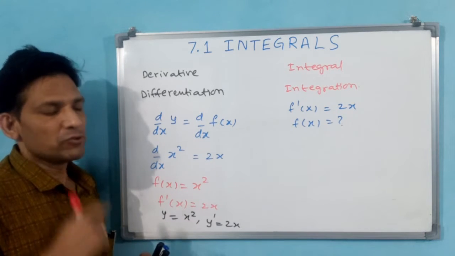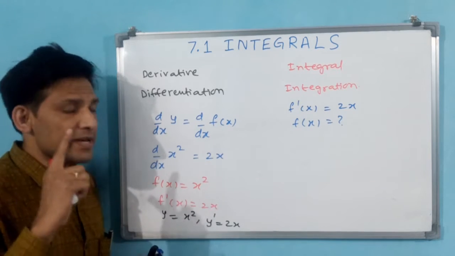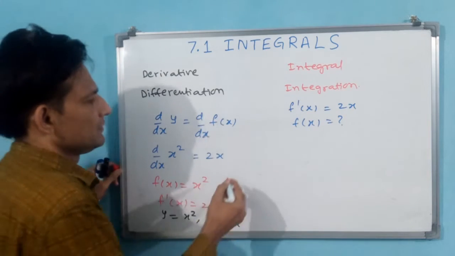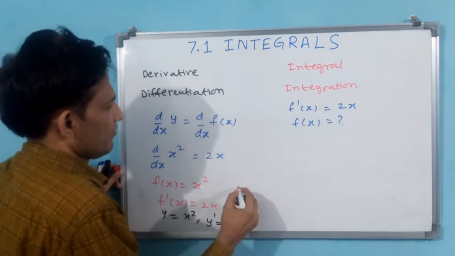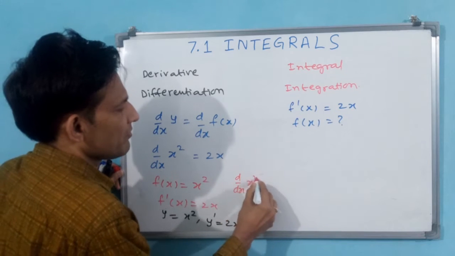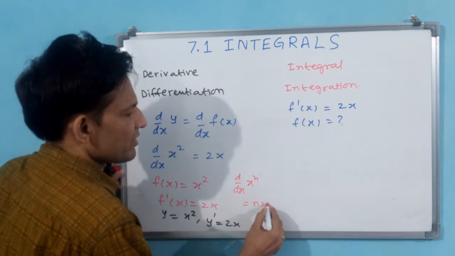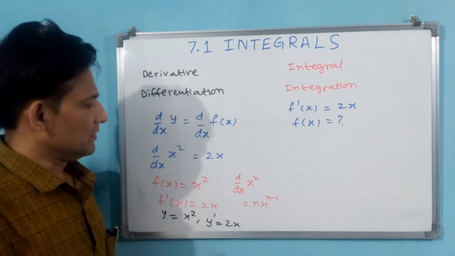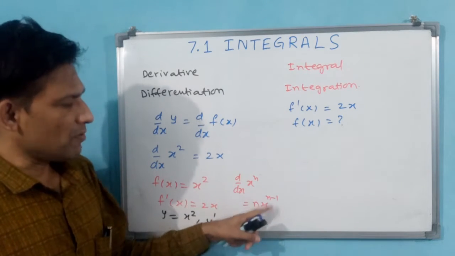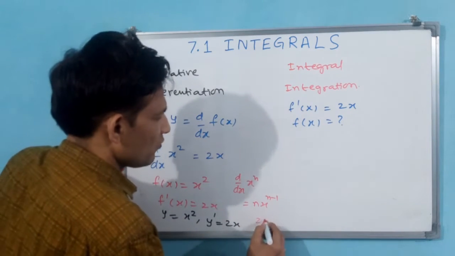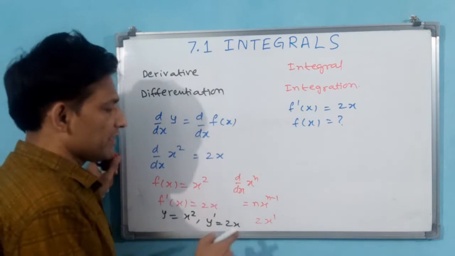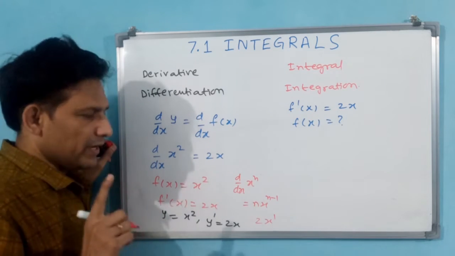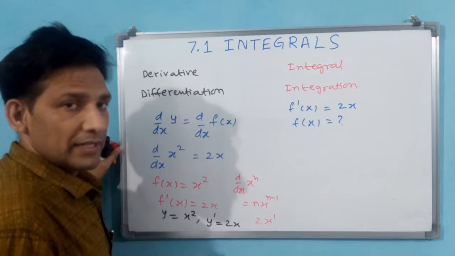If anything is there in power, then that will come: d by dx of x power n is equal to n into x power n minus 1. 2x is there, means 2 into x power 1 is there here. 2 into x power 1 is there, means you have to think, oh, how it is coming. It may be x square, then 2x will come. Like that you will think.